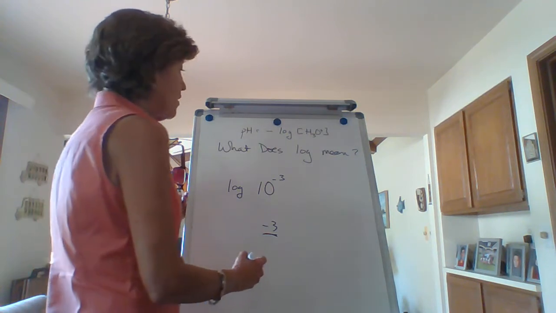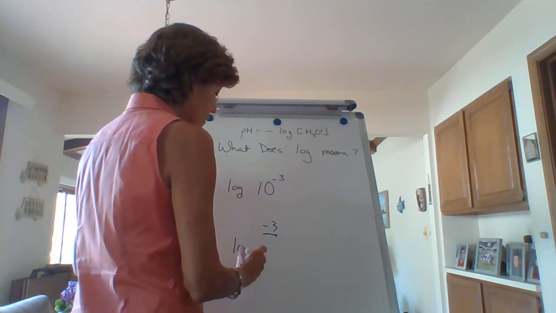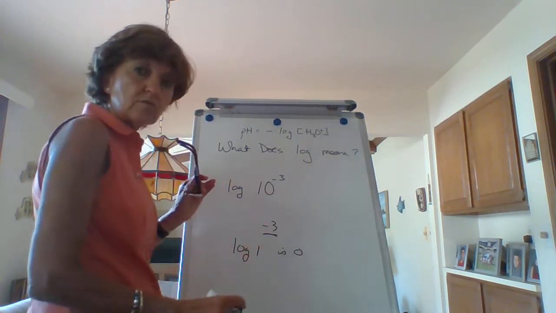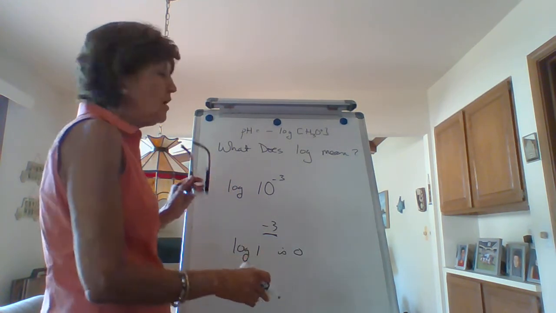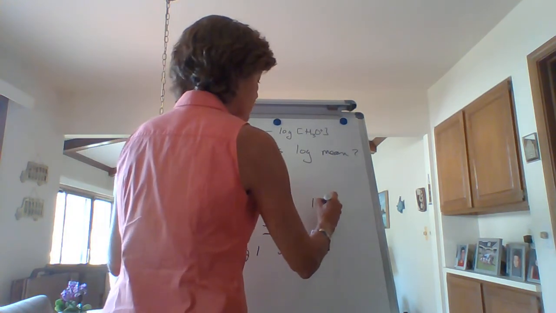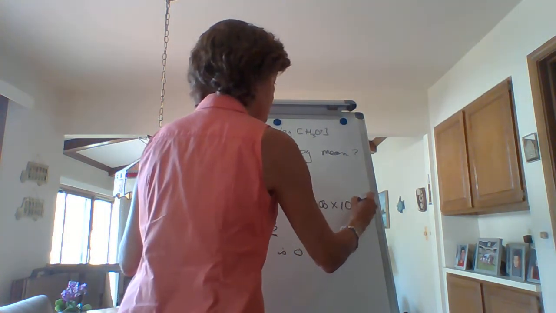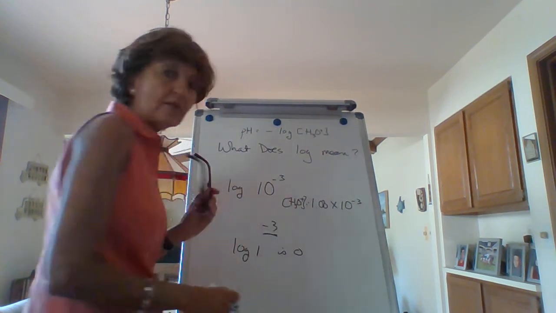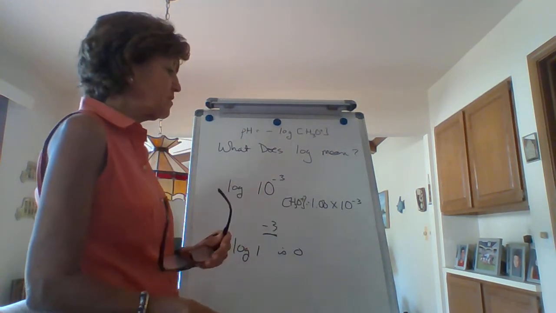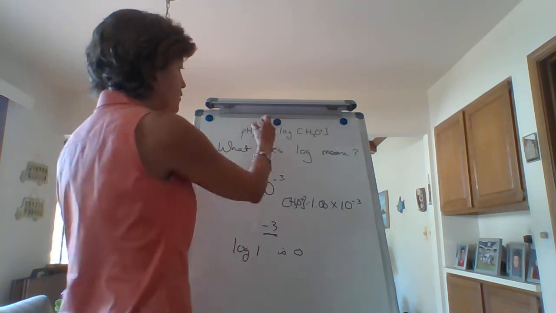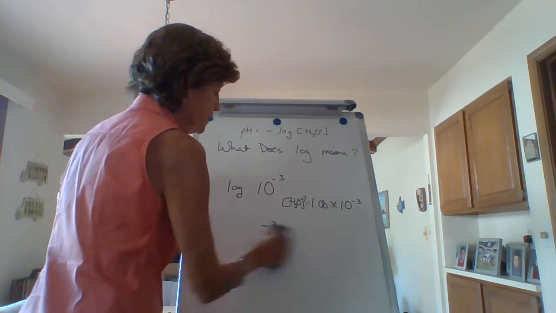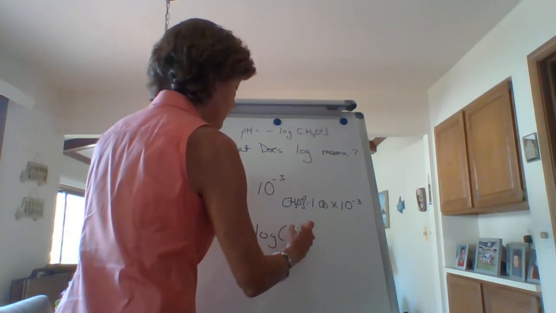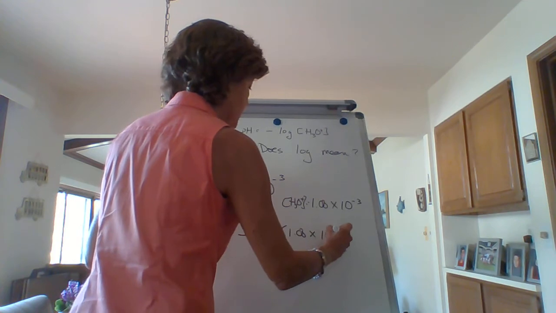Now, log of 1 is 0. So we ignore it. Okay? So if you have 1 times 10 to the minus 3, let's say that's your hydronium ion concentration, and I tell you that the pH is minus the log of 1 times 10 to the minus 3.